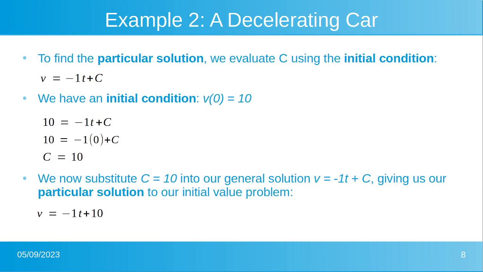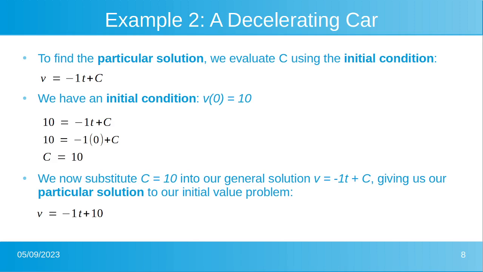Our general solution equation, v equals minus 1t plus c, becomes 10 equals minus 1t plus c. Substituting 0 for t, we get 10 equals minus 1 multiplied by 0 plus c. When we multiply that out, we get that c is equal to 10.